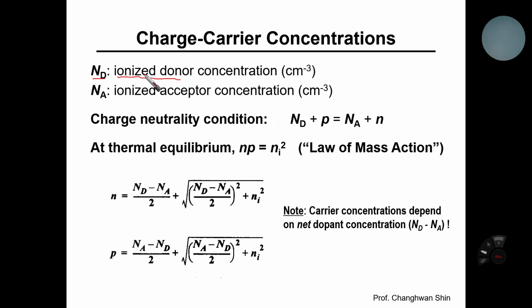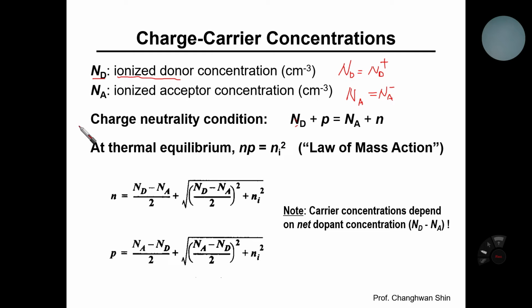The basic assumption for this notation is that N sub D is identical to N sub D plus, meaning 100% of donor atoms are ionized. That is a basic assumption in this device physics. And the acceptor is identical: N sub A is identical to N sub A minus. So all the acceptors are fully ionized, which means negatively charged.